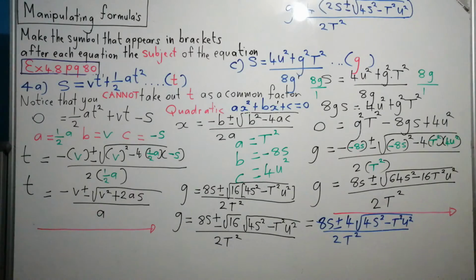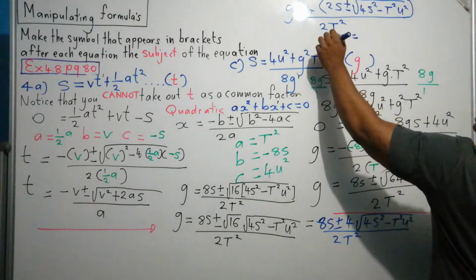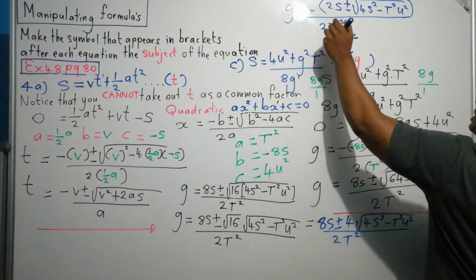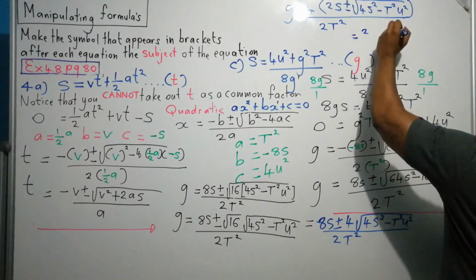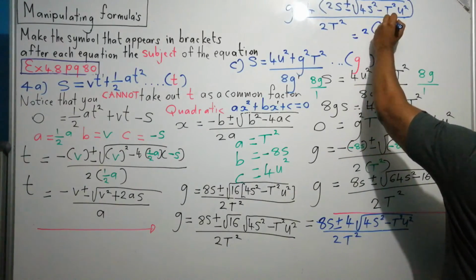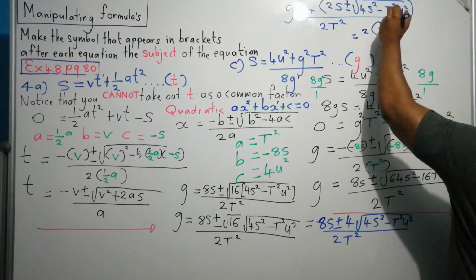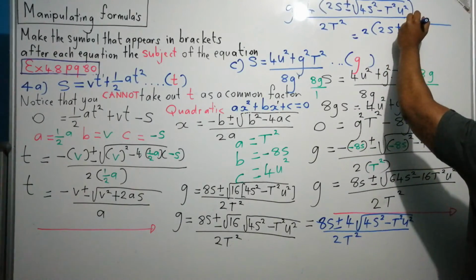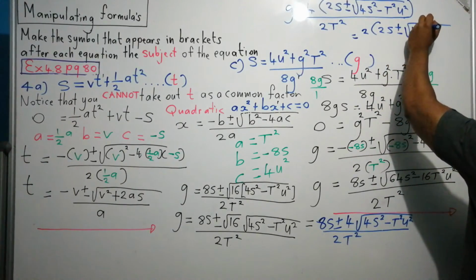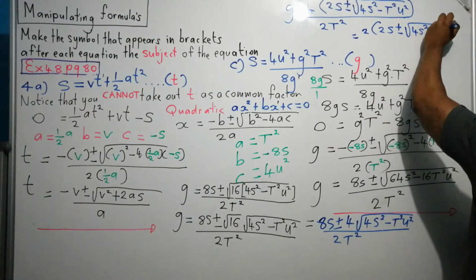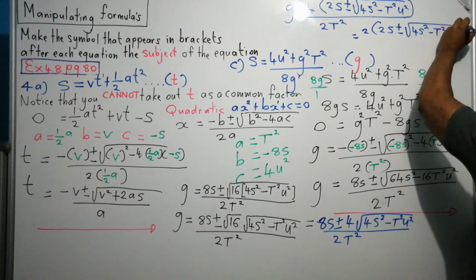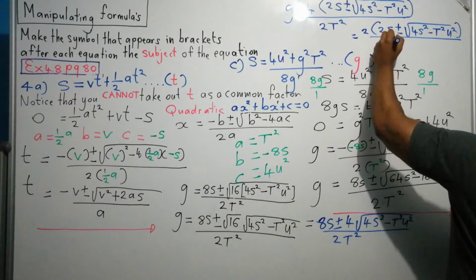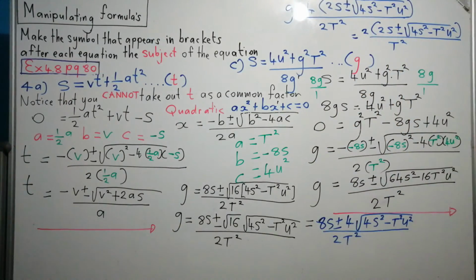Okay, so now this I can divide here. 4 divided by 2, that's going to be 2 into 2s plus or minus the square root of 4s squared minus t squared u squared, all divided by t squared.